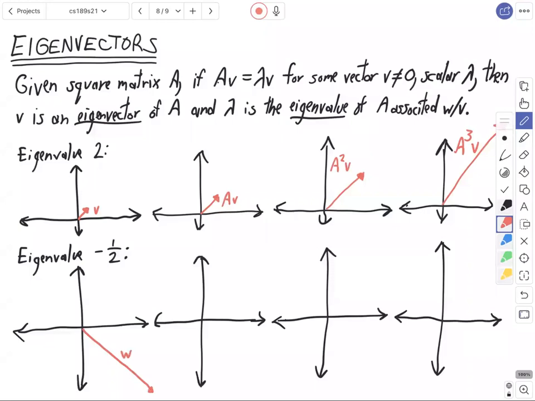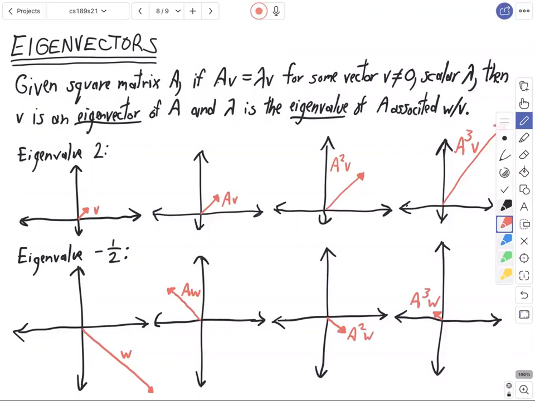By the way, notice that W is orthogonal to V. For symmetric matrices, their eigenvectors are orthogonal to each other. So when we multiply this vector by A, it gets cut down to half its original size. And because the eigenvalue is negative, AW points in the opposite direction of W. We can repeat that process again. So we get A squared W here. We get A cubed W here, which is 1/8 the length of W, and pointing in the opposite direction.